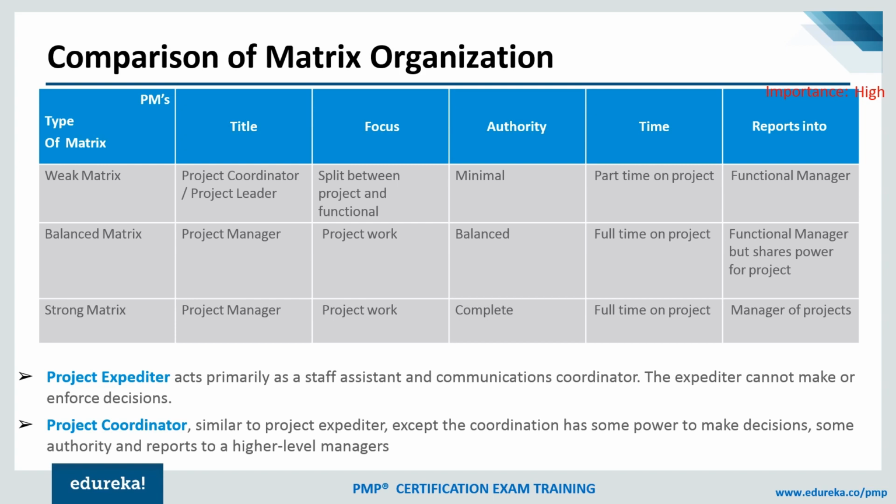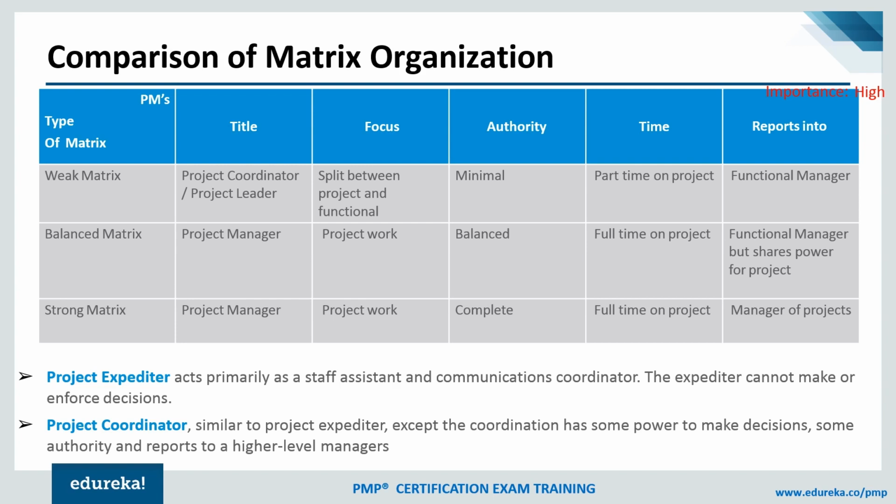In the balanced matrix organization, the title is project manager. It's a clear title. The focus is on the project work. Authority is balanced. In certain areas, the project manager will be able to take decisions. For example, what work is to be done, what work is not to be done will be decided by the project manager.